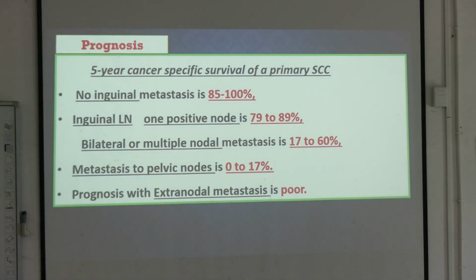Now for prognosis, the 5-year survival rate with no inguinal metastasis is 85 to 100%. If one node is positive, it is 79 to 89%. If it is bilateral or multiple, it is 60%. And if there is extranodal metastasis to a distal site, it is a very poor outcome. So no need to remember all those things for exam purposes.